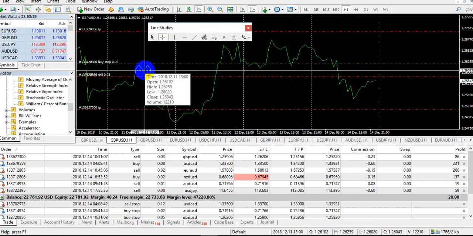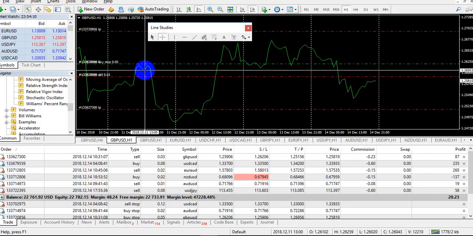If you follow this crosshair all the way to the far right, the value you can see there is 1.26053. And if you follow it all the way down to the bottom, you're going to see that the time at the intersection is 1300 hours.